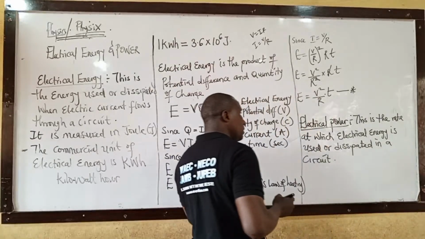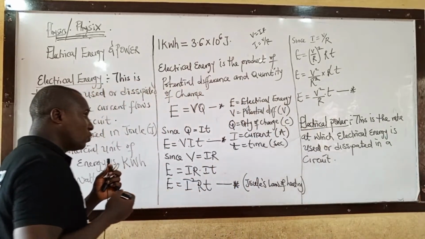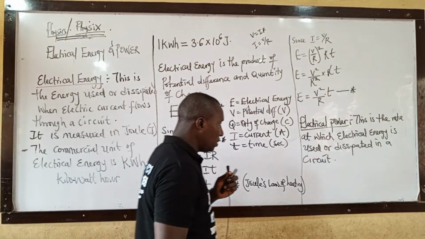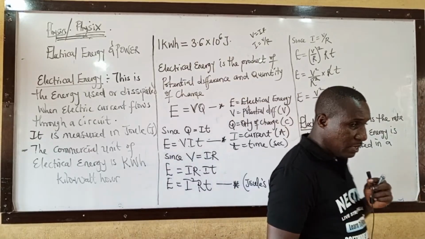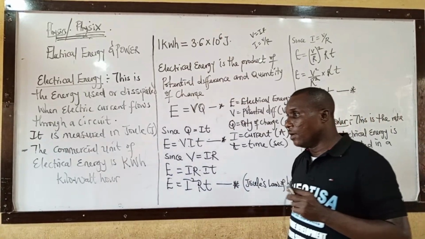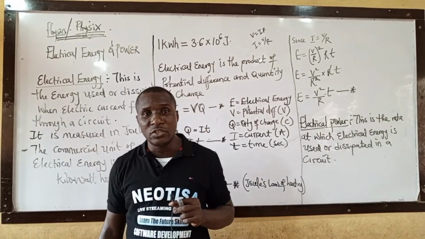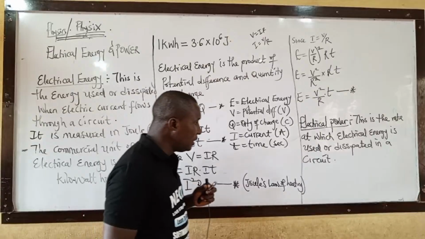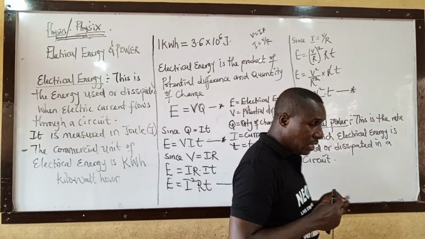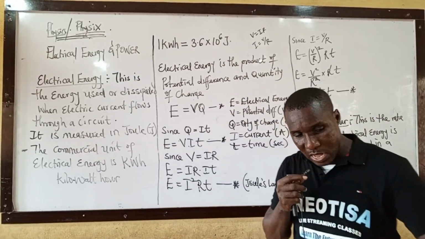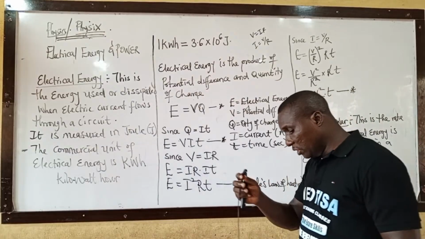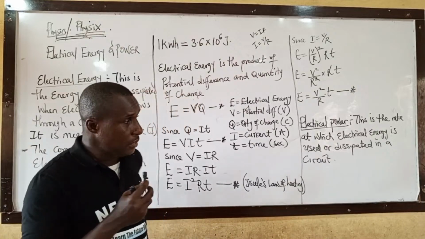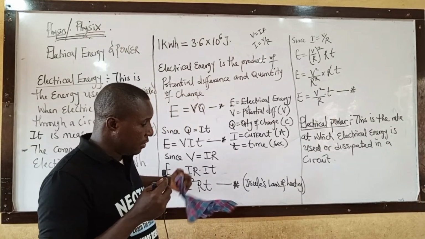Write it down. That is electrical power: the rate at which electrical energy is used or dissipated in a circuit.